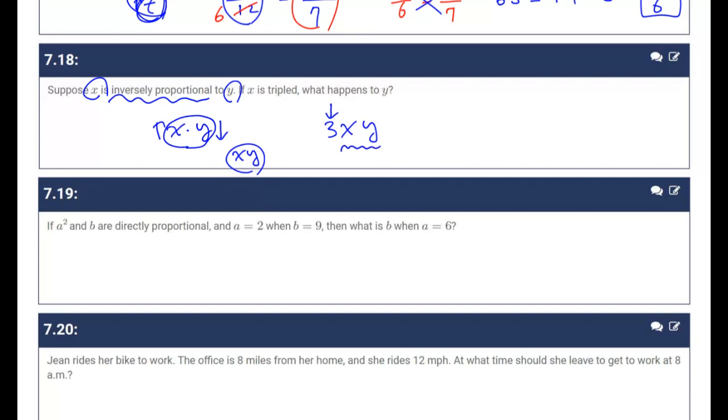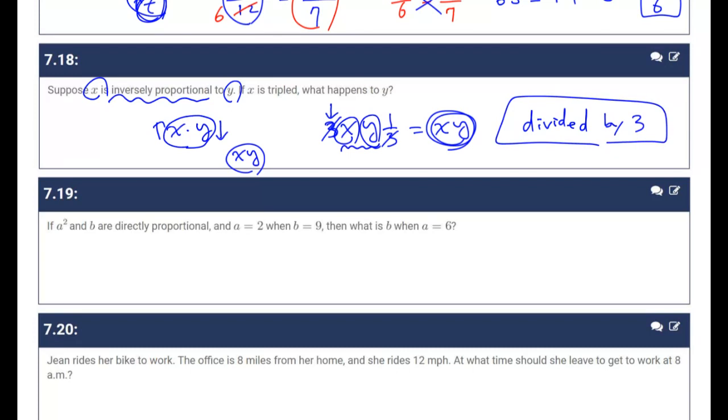So y has to be 1/3 times, so that they will reduce and give you back xy, right? This product has to stay the same all the time, right? So if you increase x by 3 times, you have to decrease y by 3 times. So the answer is y should be divided by 3. Okay? That's the answer.